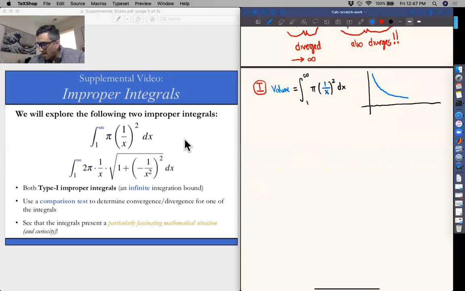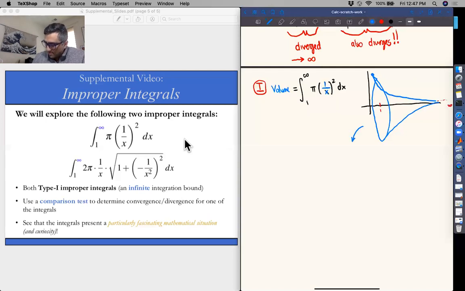So if we draw that out, we think about that function between, say, 1, and this is going off towards infinity. So let's draw infinity on the far right-hand side. And the way we're drawing this object is actually revolving it around the x-axis. So this thing is making almost like a curvy cone shape, if you will.